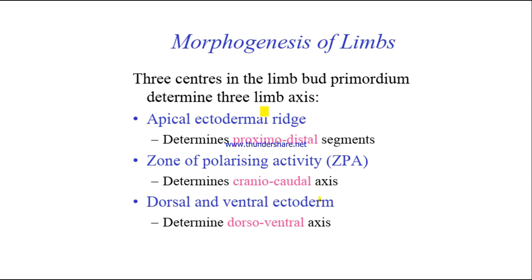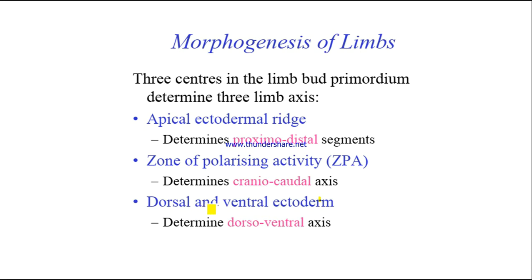So, the morphogenesis of the limb: we've got 3 centres in the limb bud primordium, and these determine the 3 limb axes. We've got the apical ectodermal ridge, which determines the proximal-distal segments. The zone of polarizing activity, known as the ZPA, determines the craniocaudal axis.